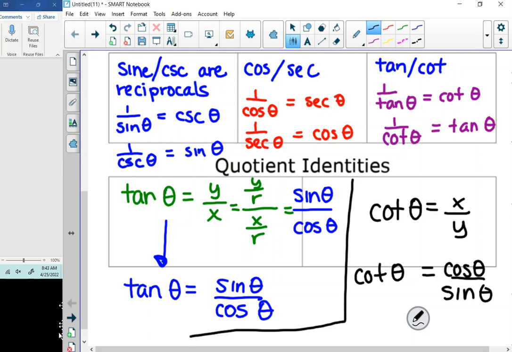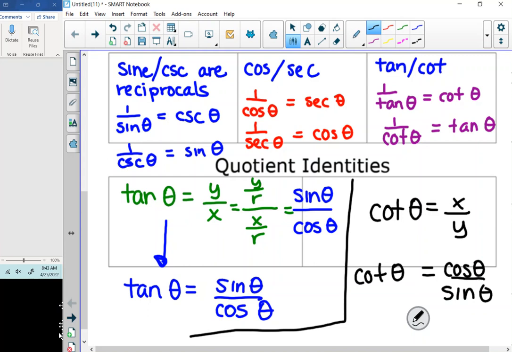I'm going to make a little list right up here. All right, so cosine squared plus sine squared equals 1. Sine is 1 over cosecant. Usually when I write the reciprocal ones, I only write them going in one direction, but you can write them in both directions if you want to write all 6 of them.